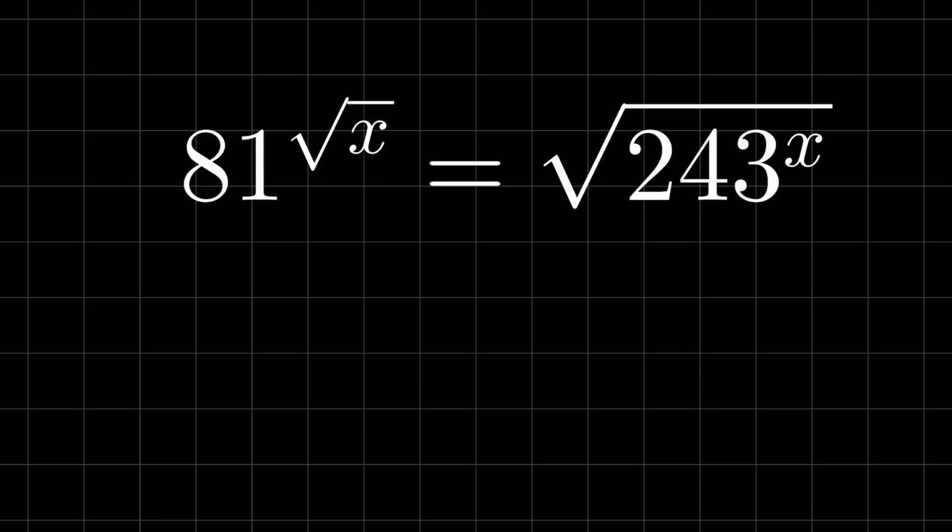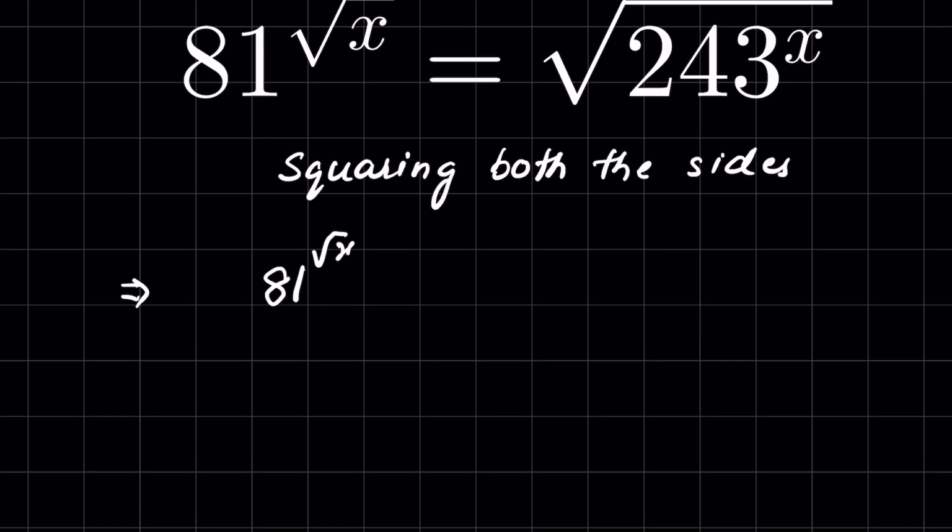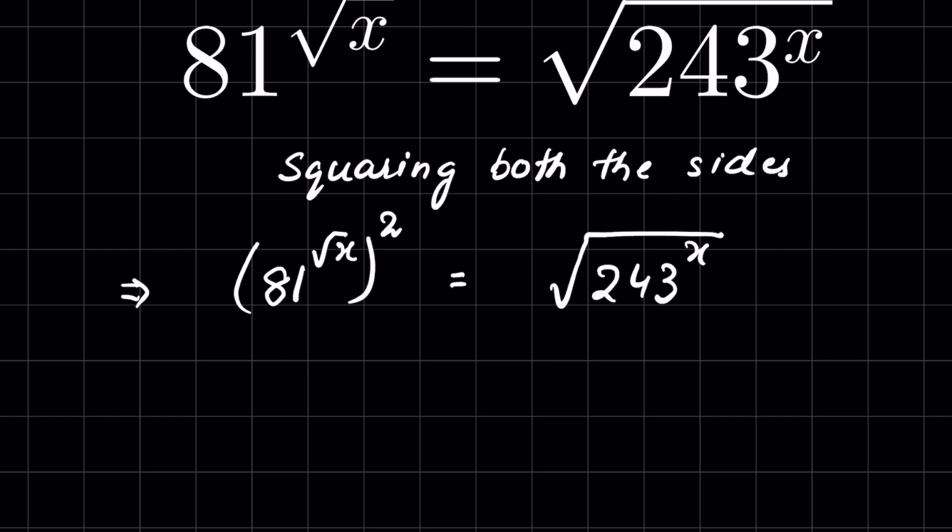Now here, let's try to remove the square root from the right hand side. So we have to square both the sides. Squaring both the sides, 81 raised to the power of square root of x, then raised to the power of 2 is equal to 243 raised to the power x under square root raised to the power of 2.